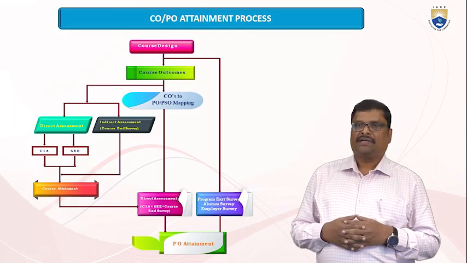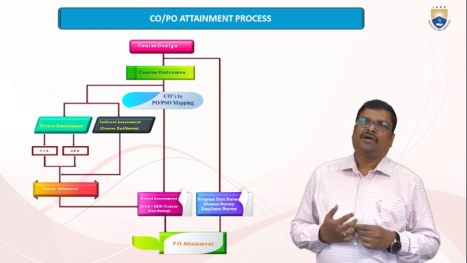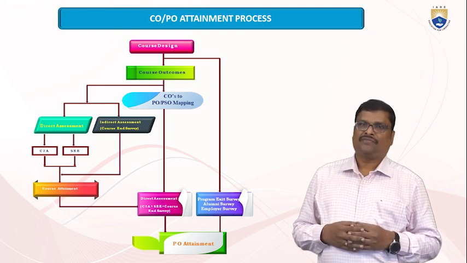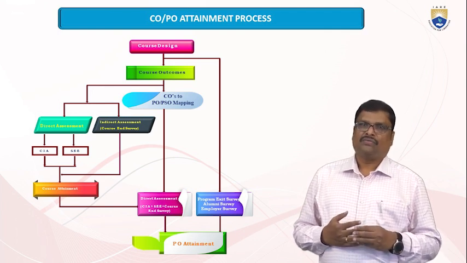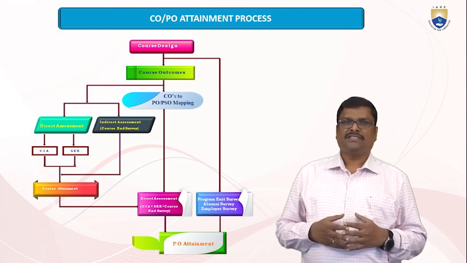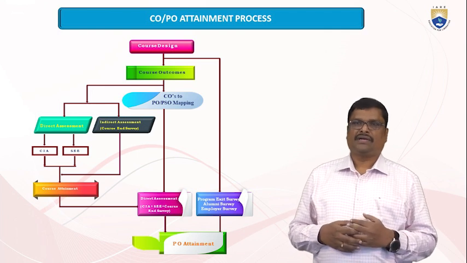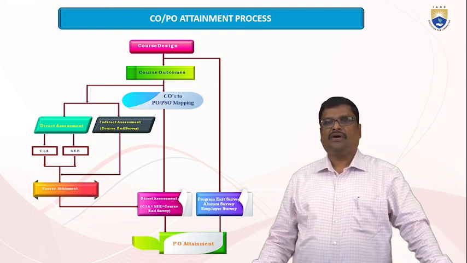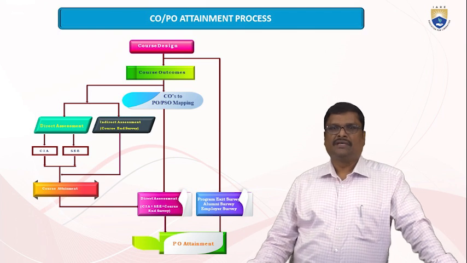Then assessment methods. As per the OBE framework of IARE, we consider different types of assessment for calculating the course outcomes and the program outcomes: direct assessment and indirect assessment. In the direct assessment, from the course, we automatically calculate direct assessment. Then for indirect assessment, we consider the course end survey for calculating the course attainments.